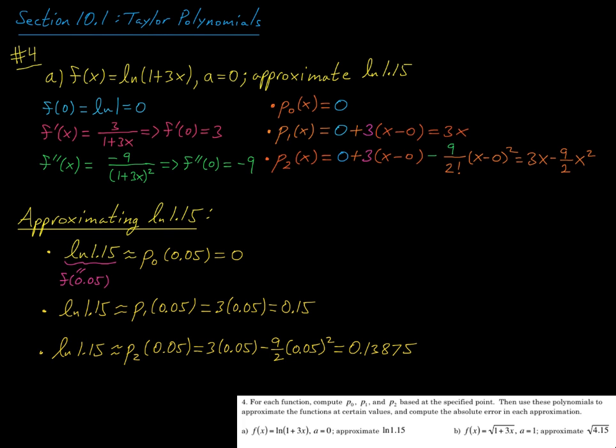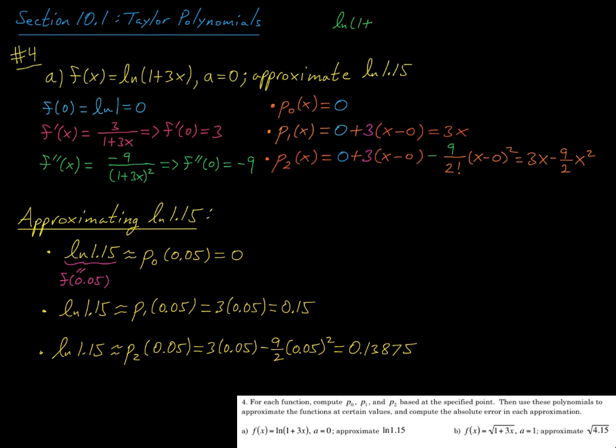the value natural log of 1.15. And so first I want to just mention, right, that if I want to find the natural log of 1.15, I first have to ask what value of x do I plug in to get the natural log of 1.15. Okay, so do this off to the side.